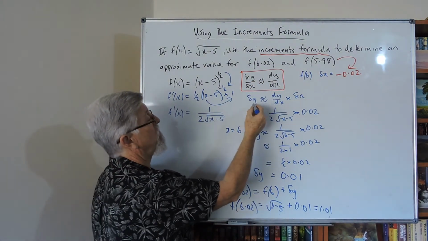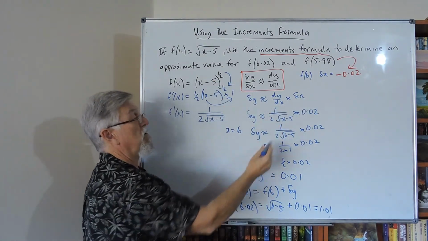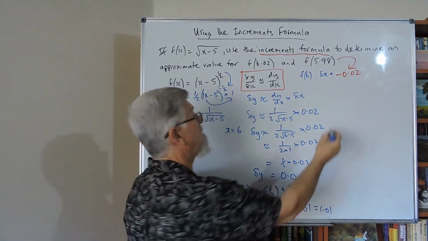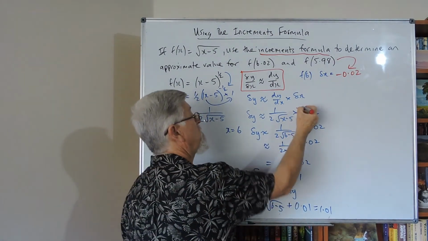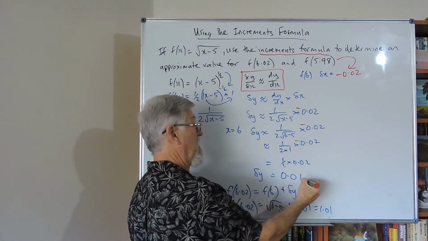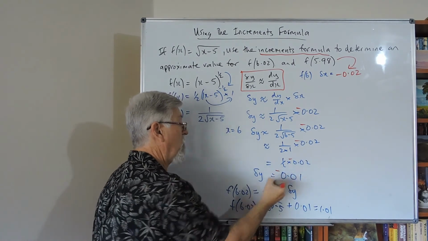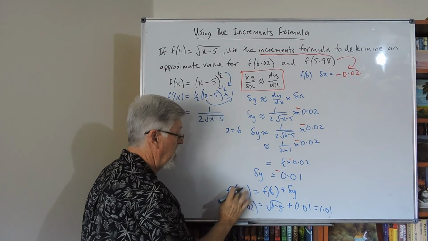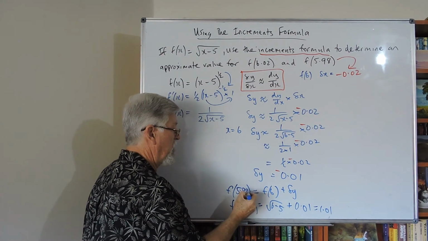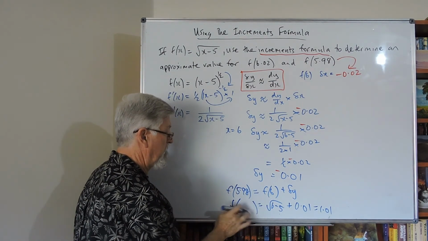So you make delta y the subject, you get the derivative just like before, but this time instead of multiplying by 0.02, we're multiplying by minus 0.02. So we carry that calculation all the way through, and we've got minus 0.01. So in this case, instead of getting the function of 6.02, we've got the function of 5.98.